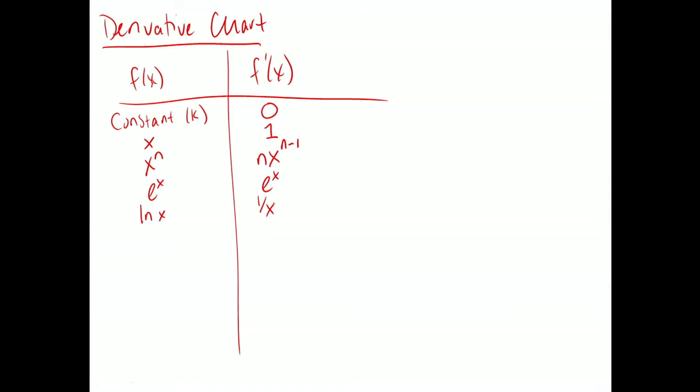Trig. Trig is missing. So cosine and sine and tangent, those are our 3 main trig functions. But while we're here, I'll give you the other 3 anyway. We have cotangent and secant and cosecant. Okay, so those are our 6 trig functions, and this is the end of the chart, right?